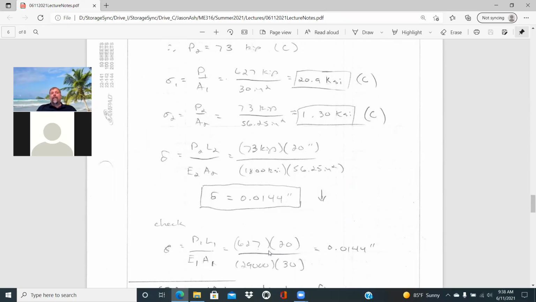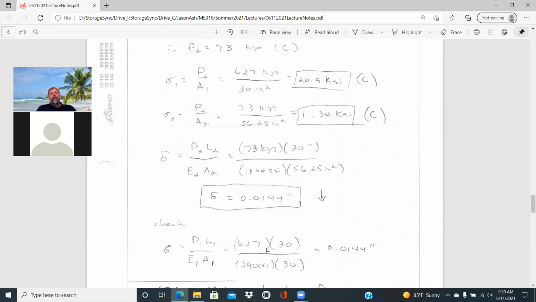When doing statically indeterminate problems, it can be easy to make a mistake in a sign along the way. And so we have our compatibility constraint that the displacement of the steel has to equal the displacement of the wood. So let's just check that and figure out what the displacement of the steel is.